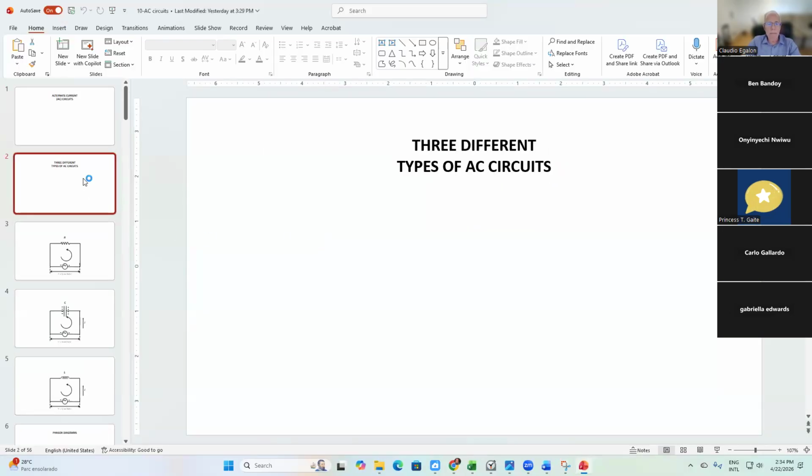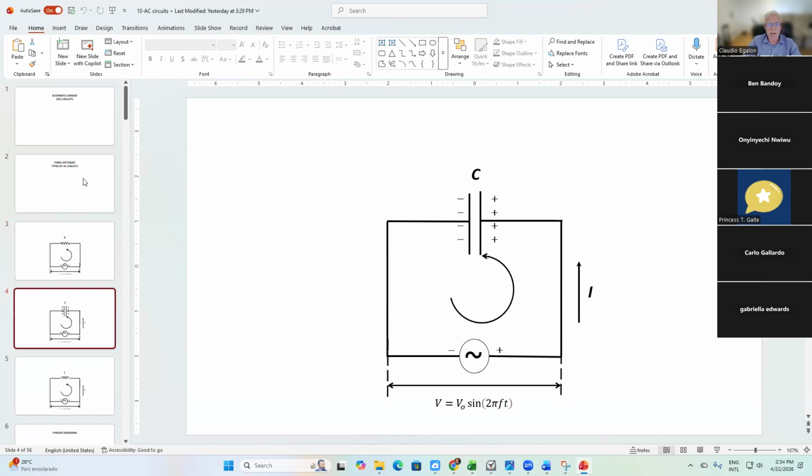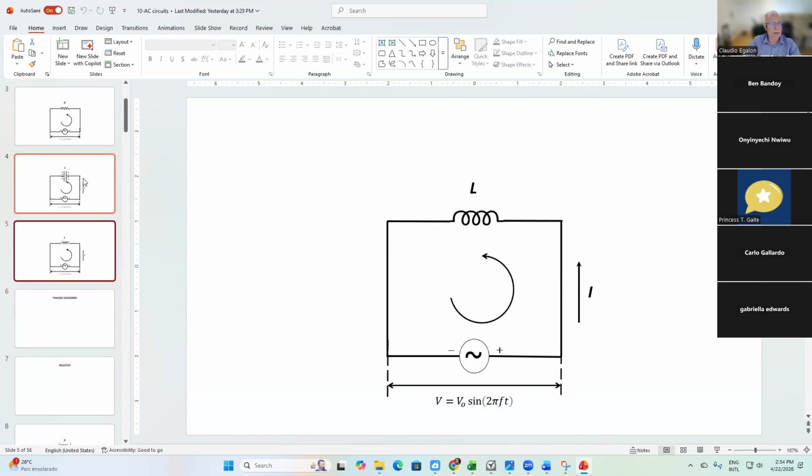Okay, so three different types of circuit. Circuit with a resistor, circuit with a capacitor, circuit with an inductor. And we are concentrating on this one here right now.